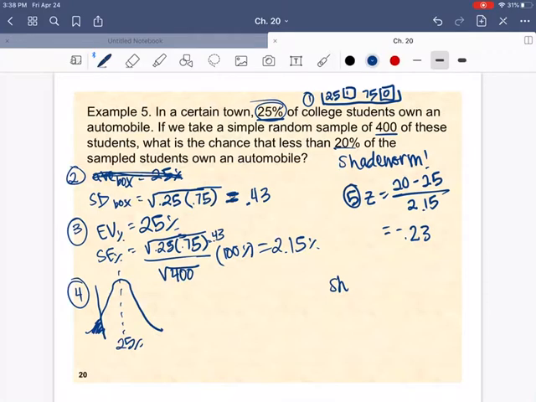So then we do shade norm. Is that really just negative 0.23? No, it's not. It should be negative 2.3.